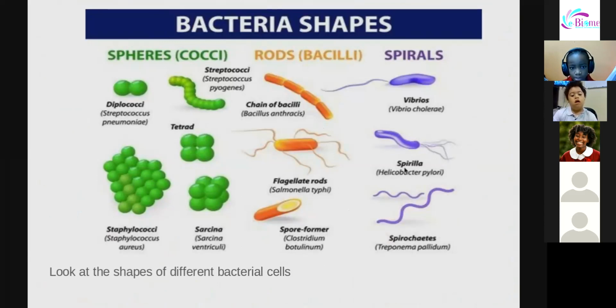And for the spirals, they have some curves. Everyone can see that? We can see that the spirals are more curved, while the rods are kind of straight, and the spheres are round.